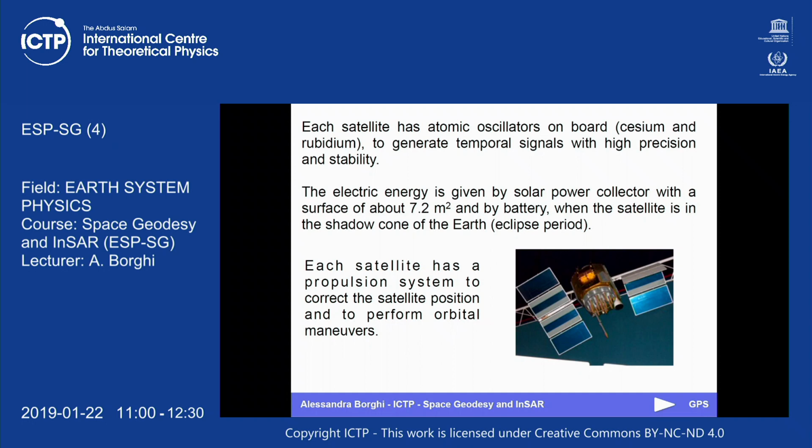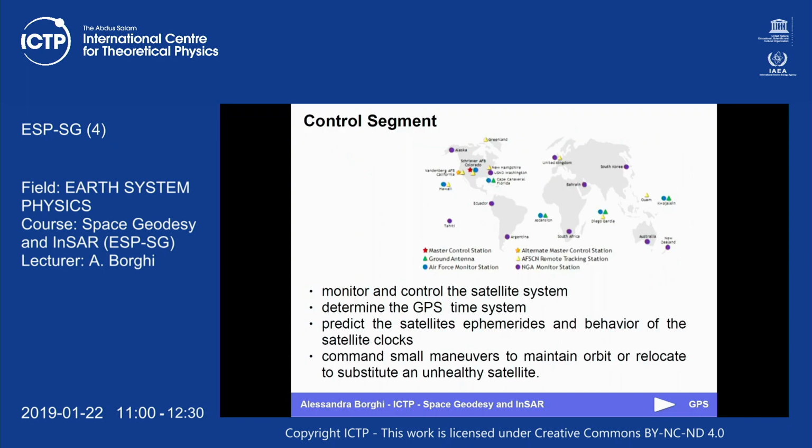Each satellite has a propulsion system to correct its position, and this correction is controlled by the control segment that we are going to see. Okay, the control segment is a network of stations with different tasks.